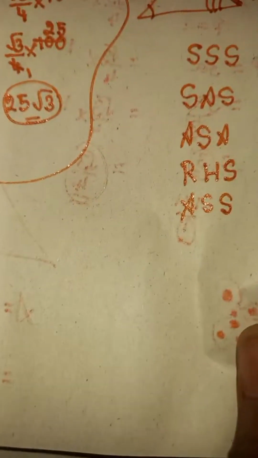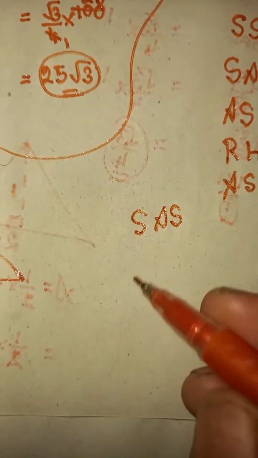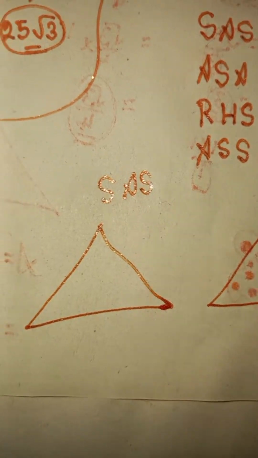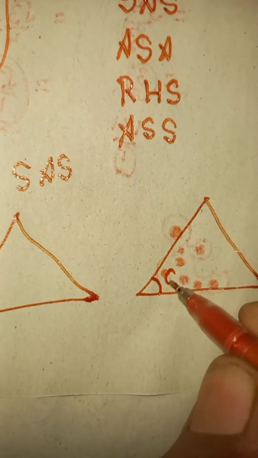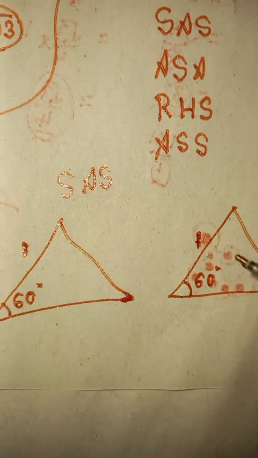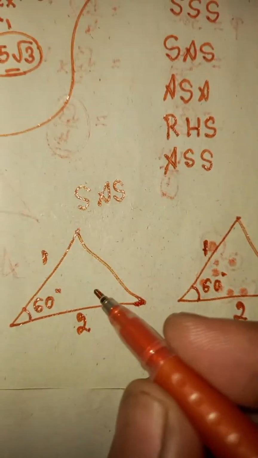Let's take what SAS congruency is. In SAS congruency, if you take these two triangles, they have given this angle as 60 degrees and this angle as 60 degrees, and they have given this side as 1 unit, so this side is also 1 unit, and this side is 2 units, so this side is also 2 units.